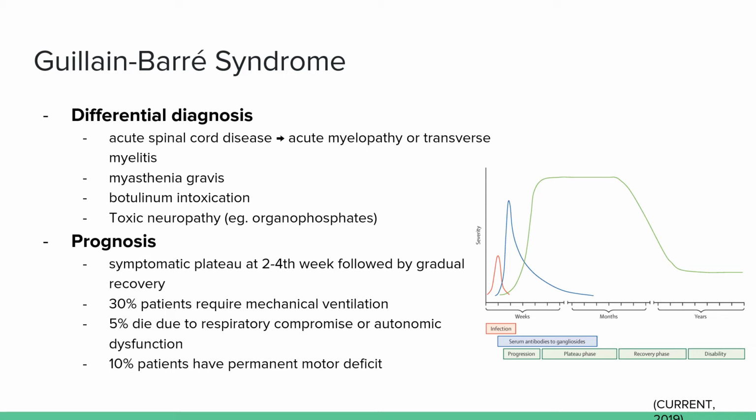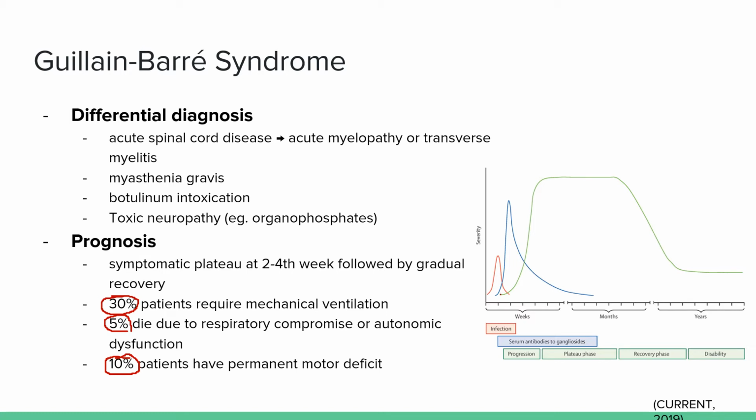The prognosis: the clinical course is usually a symptomatic plateau at 2 to 4 weeks, followed by gradual recovery. 30% of patients develop respiratory paralysis and require mechanical ventilation. 5% of patients die because of respiratory compromise or autonomic dysfunction, and 10% of patients end up having permanent motor deficit.